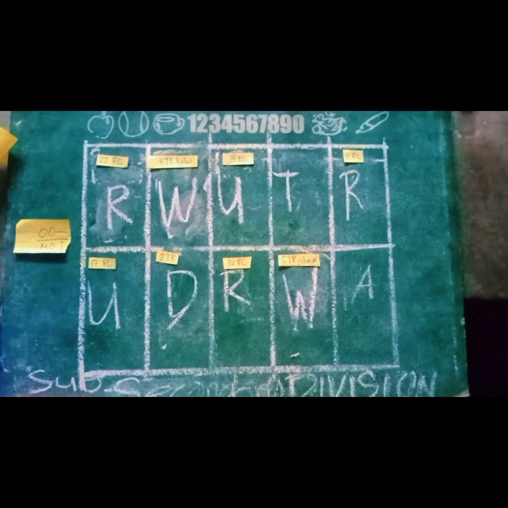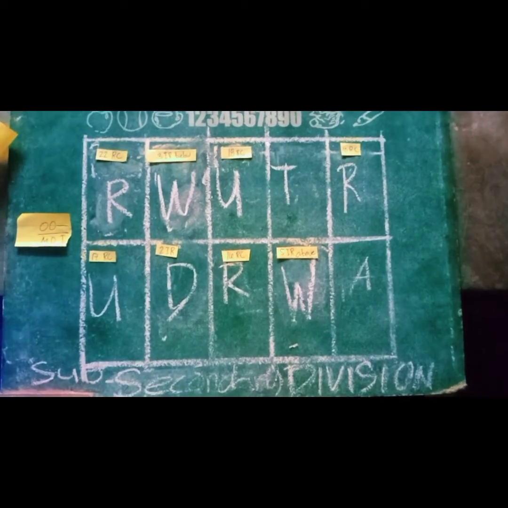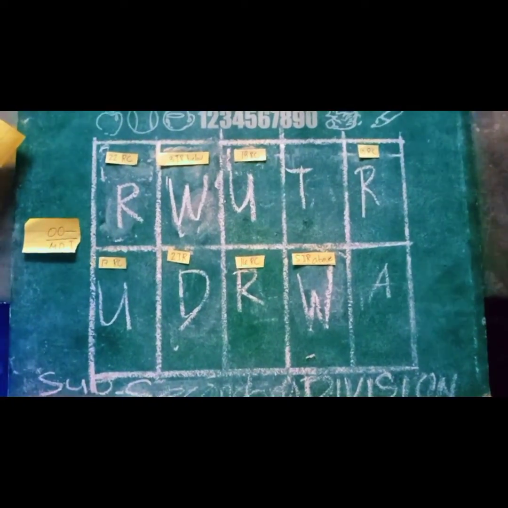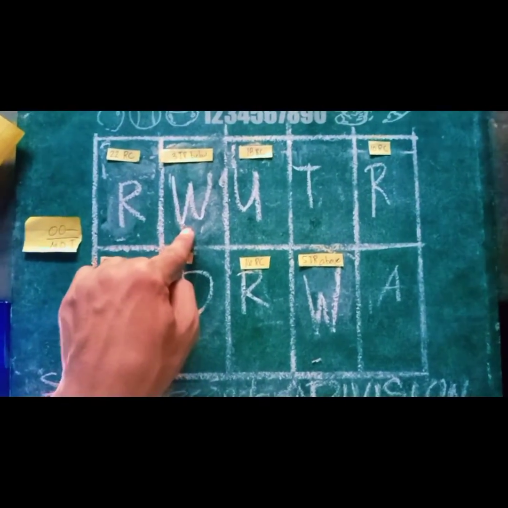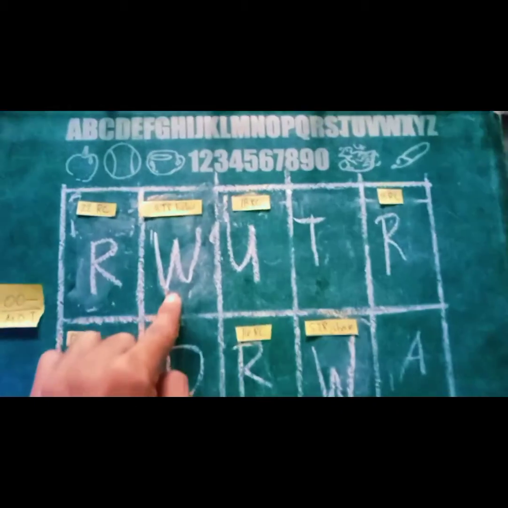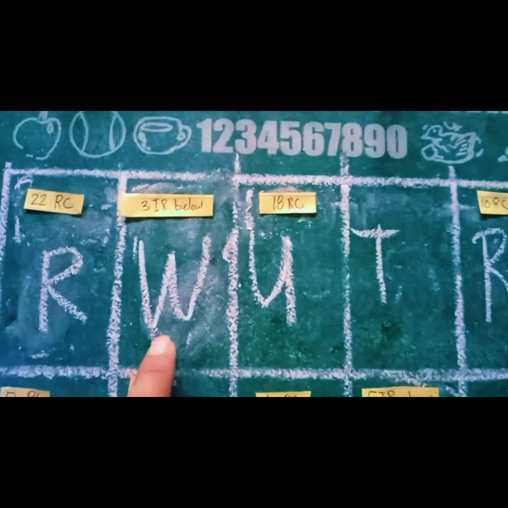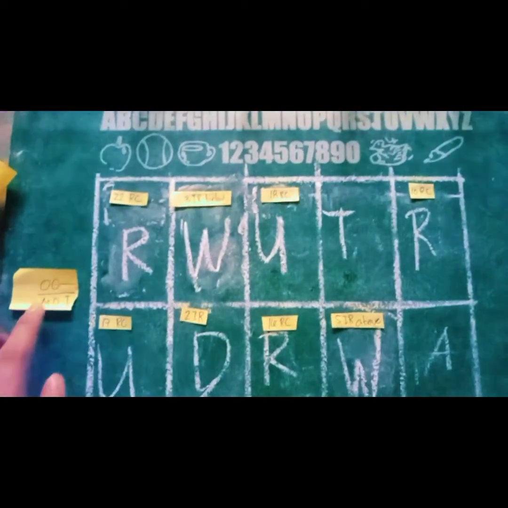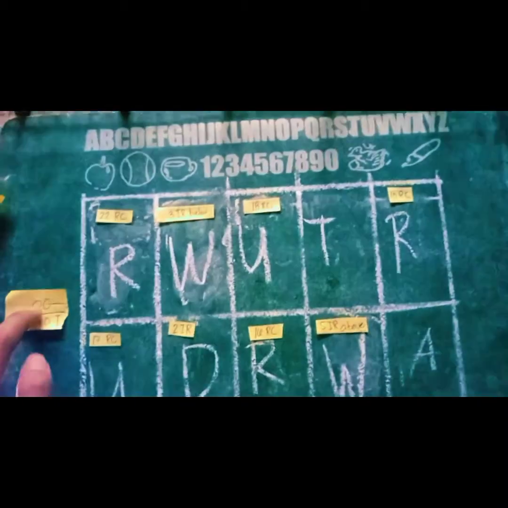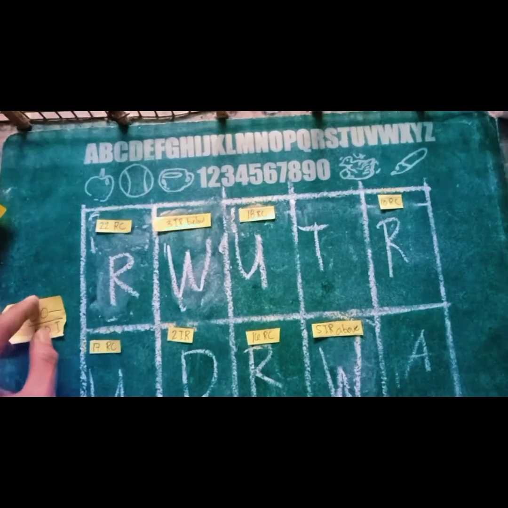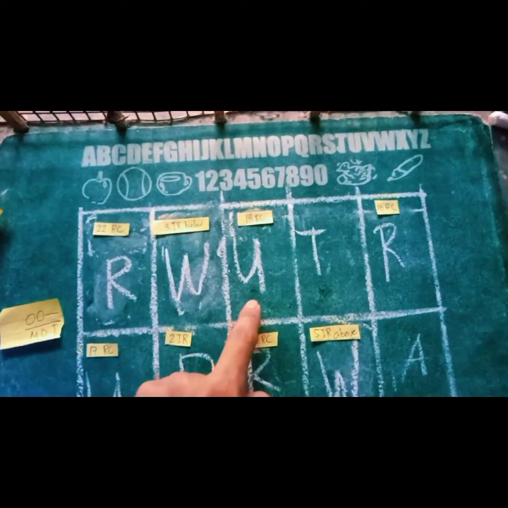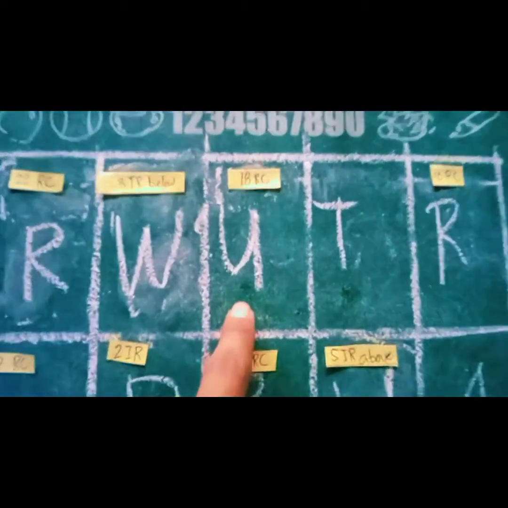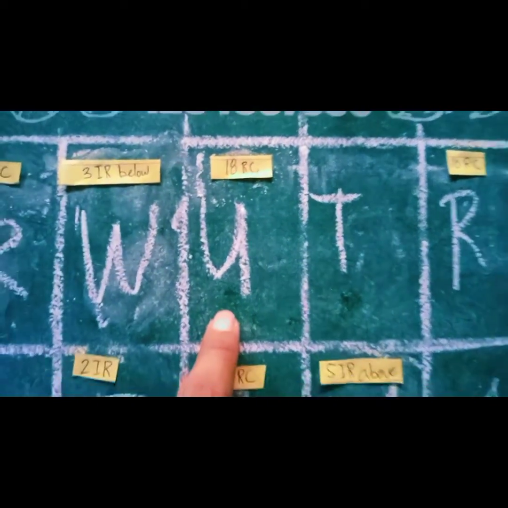So let's try to solve the subsecondary division. Sa ating right index finger, meron tayong plain whorl na may 3 intervening ridges below. Classification, outer. Next, ulnar loop. Ulnar loop ay mayroong 18 ridge count.